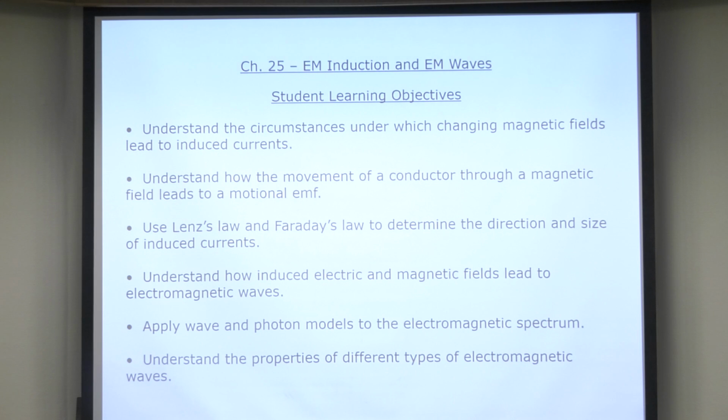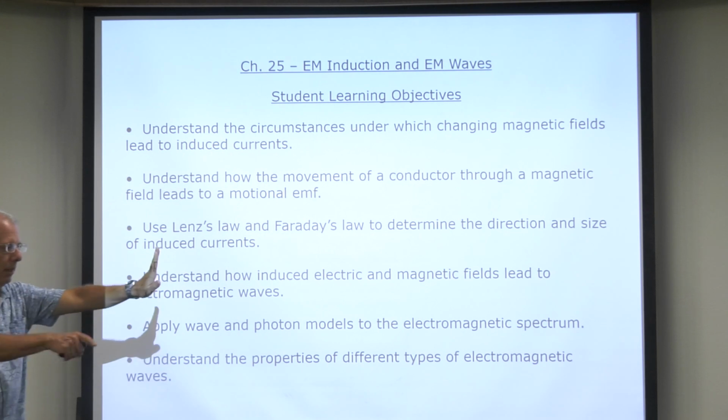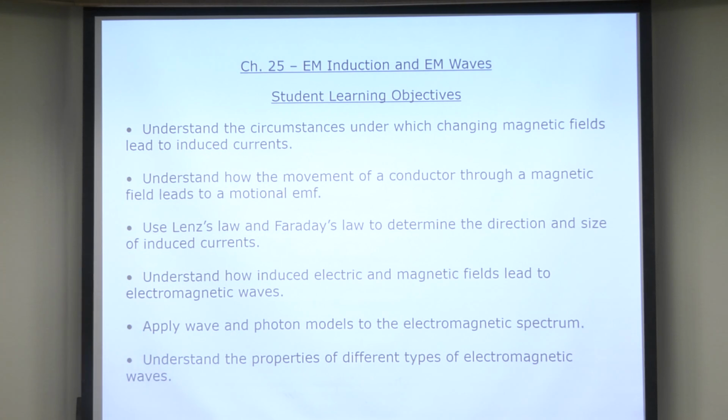Then we also did that motional EMF where you just move a wire past a circuit. We understand how the motion of a conductor through a magnetic field leads to a motional EMF. We learned about Lenz's law, Faraday's law, so we know the direction and magnitude of induced currents.